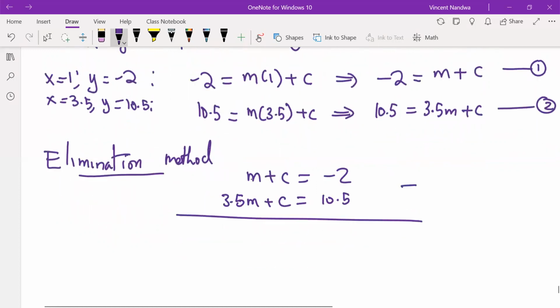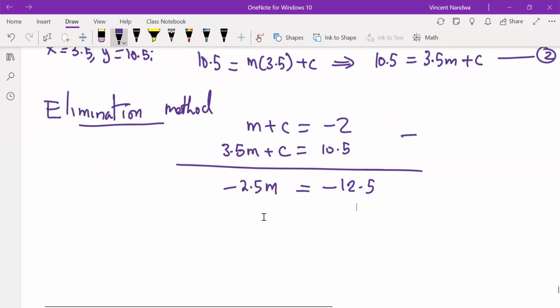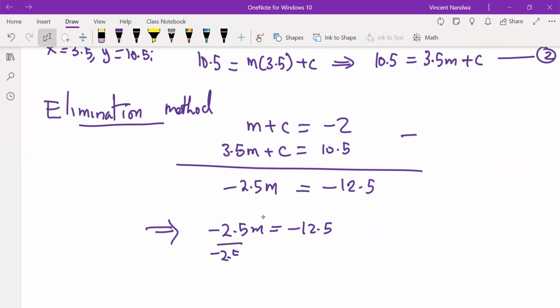If I subtract these two equations, m minus 3.5 m gives you minus 2.5 m. c minus c is 0, minus 2 minus 10.5 is minus 12.5, which implies minus 2.5 m equals to minus 12.5. I divide through by minus 2.5 to give me m equals to 5.